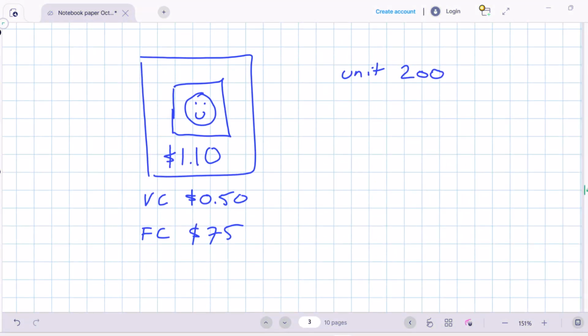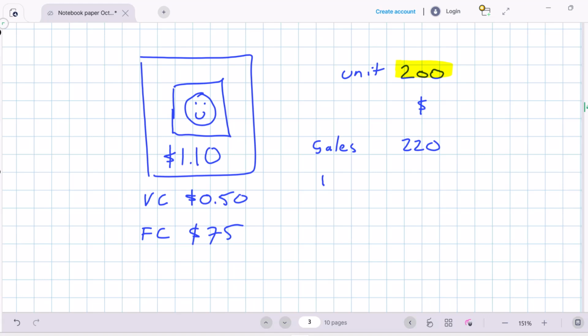Let's now look at total contribution, and to do that, we'll imagine we sell 200 drinks in the month, so we can make a P&L for the month. So we need to look at our total sales, and that would be the units times the price, so that would be $220.